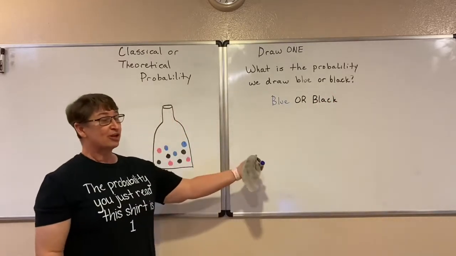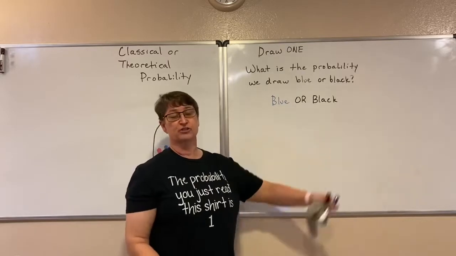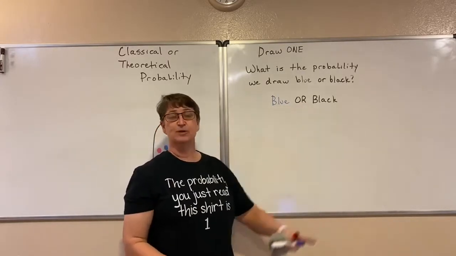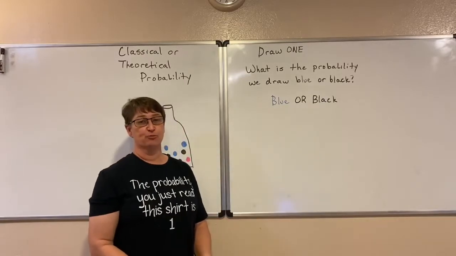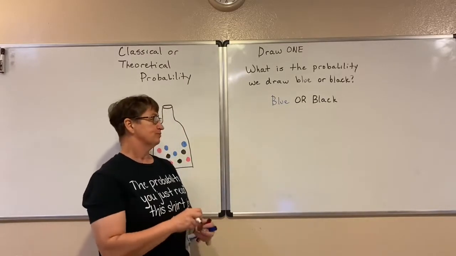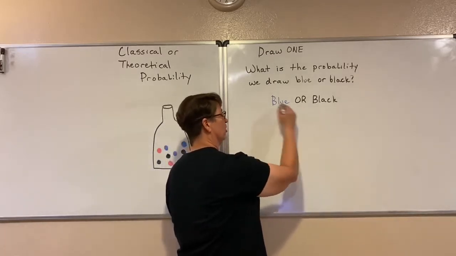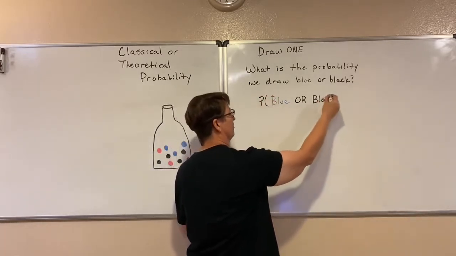Again, I'm going to really encourage you to put it into words first. And be sure and use these conjunctions like or and, because that's going to help us when we're figuring out the probability. Now that I've got it written down into words, now we can find the probability.